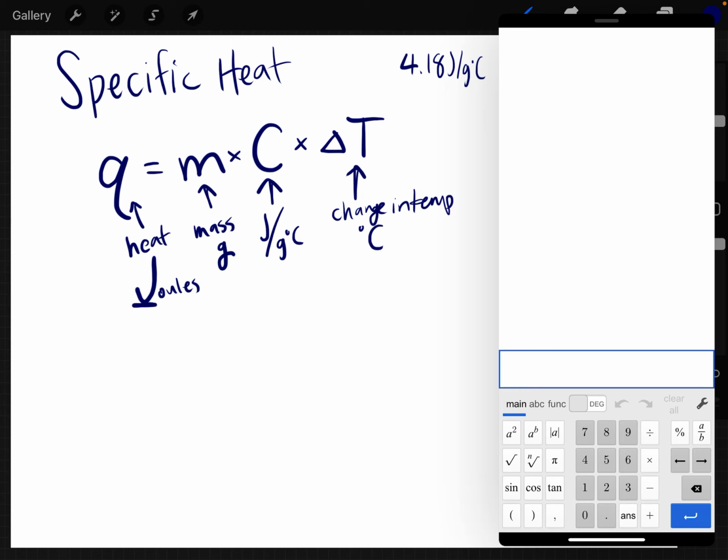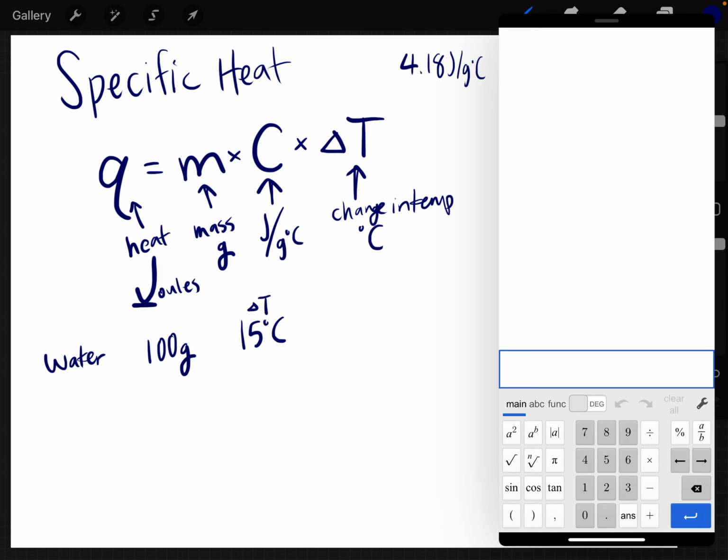So you could be given a problem where they tell you, okay, we have a sample of water. There's 100 grams of it. And we want to know how much heat it takes to change the temperature by 15 degrees Celsius.